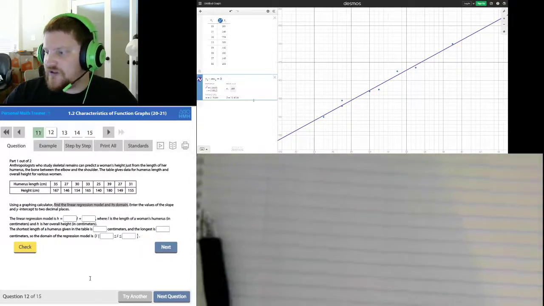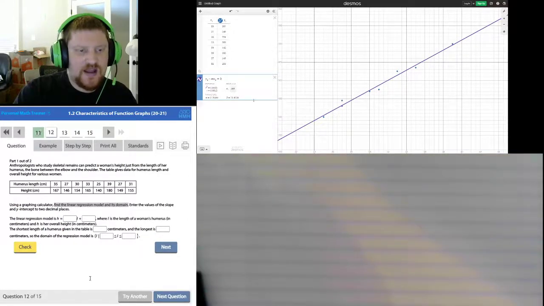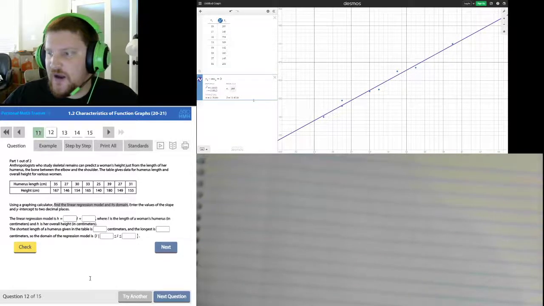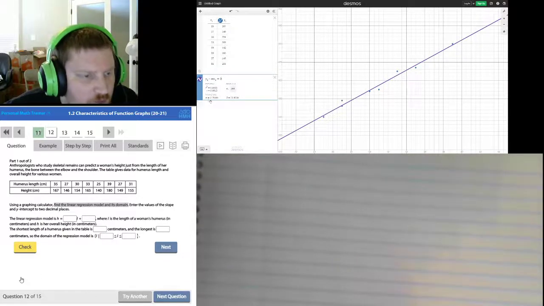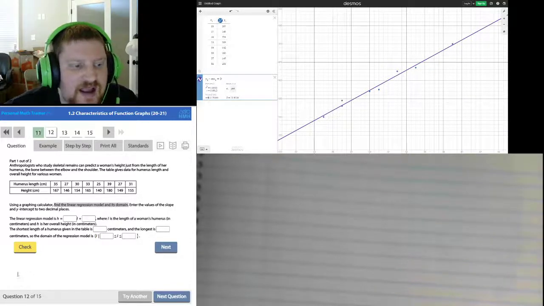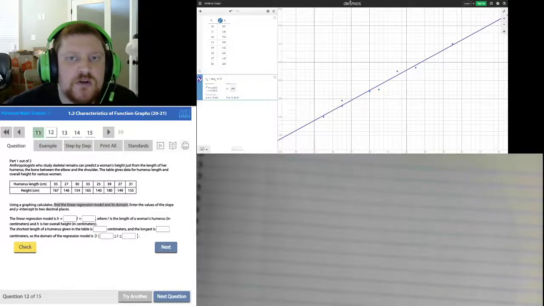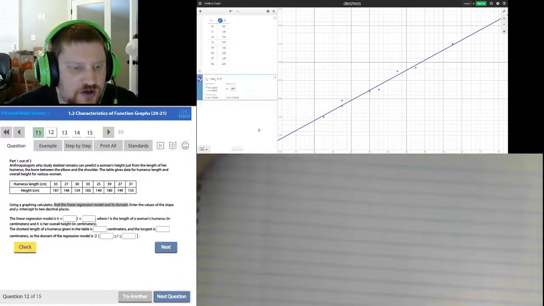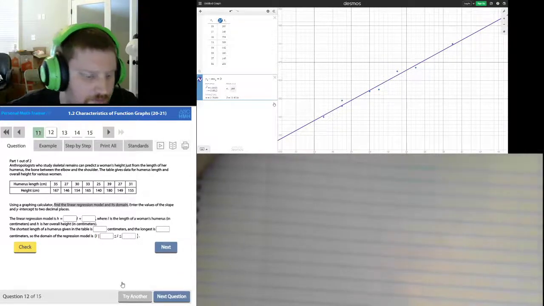So as we're using that, on our Desmos calculator we can see that it pulled up the exact parameters for us. It gave us an exact slope and an exact y-intercept, which is what the MyHRW problem was asking for.